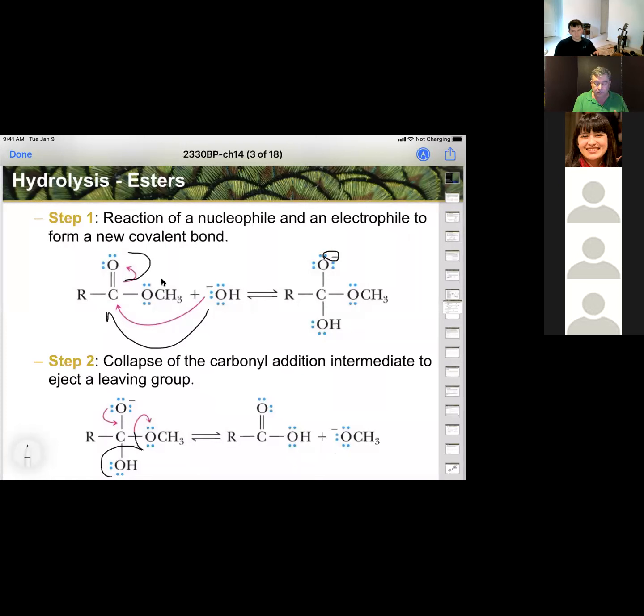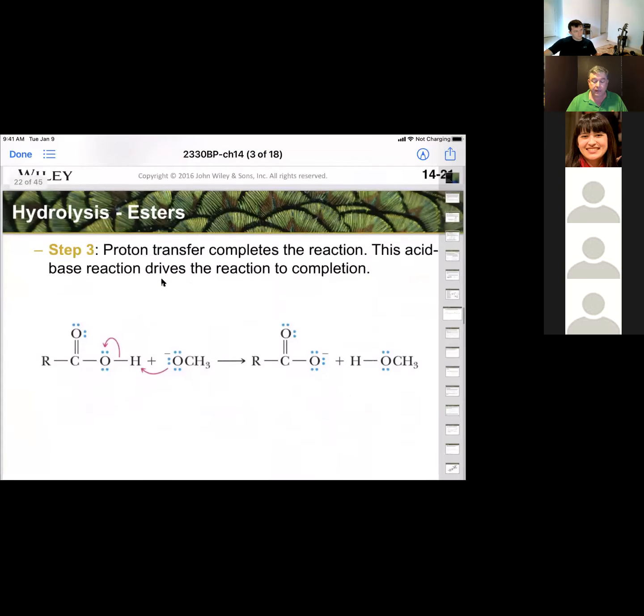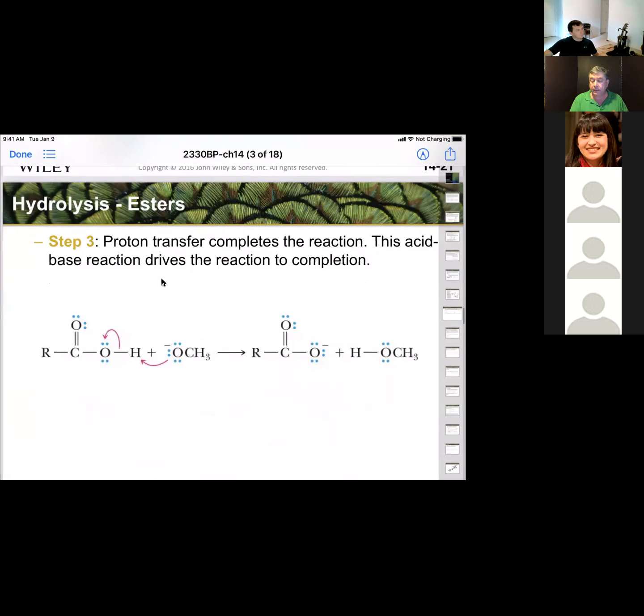but that just takes us back to the original ester. However, if we lose the alkoxide, the negatively charged alcohol, we now have hydrolyzed off our ester and we have our carboxylic acid. Okay, and because the sodium hydroxide is such a strong base, it's going to deprotonate that carboxylic acid we just made and turn it into the anion here.